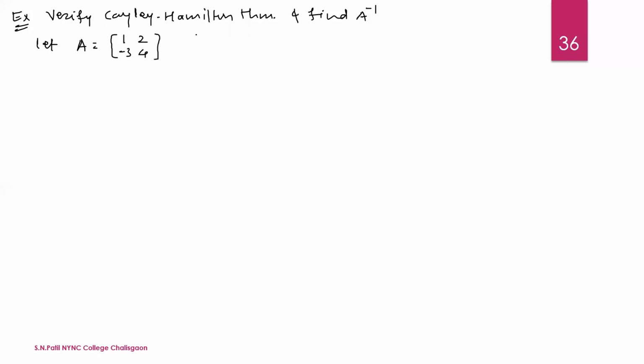So here before proceeding, we discuss the flow chart of the verification of Cayley-Hamilton theorem. So A is given in the problem. First of all, we consider the characteristic equation. Okay, simplify this, then we get the 2 degree polynomial because the order of A is 2.